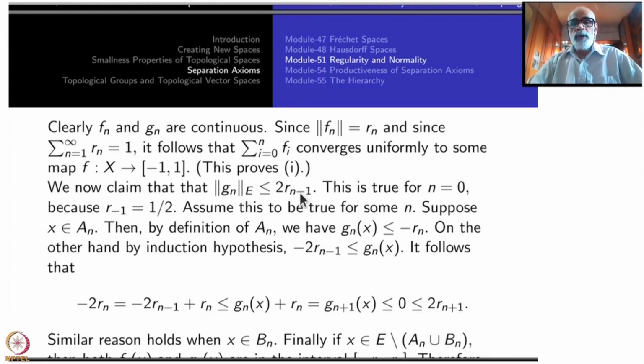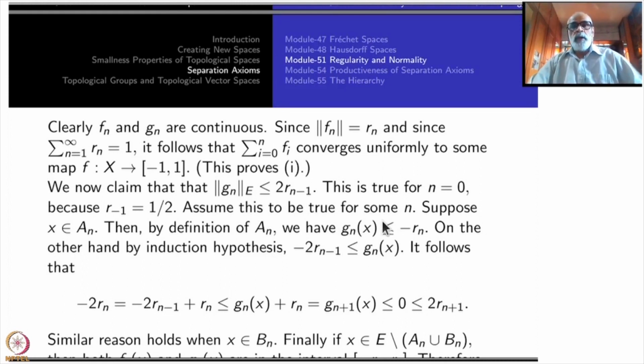When n equals 0, R minus 1 is nothing but 1 by 2, and twice R minus 1 is 1, and G naught is our function G, which is taking values between minus 1 and plus 1. Therefore, the norm of G naught on E is less than or equal to 1. Okay, so assume that this statement is true for some n. Then we shall prove it for n plus 1.